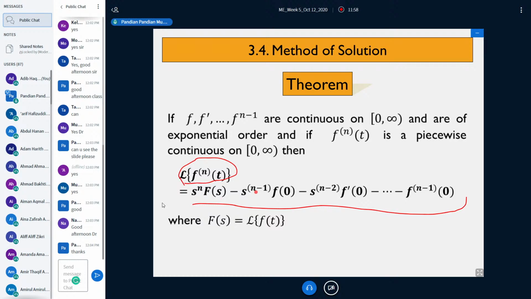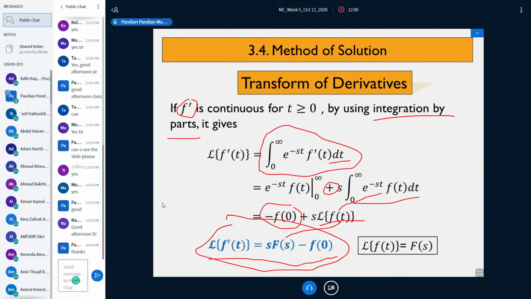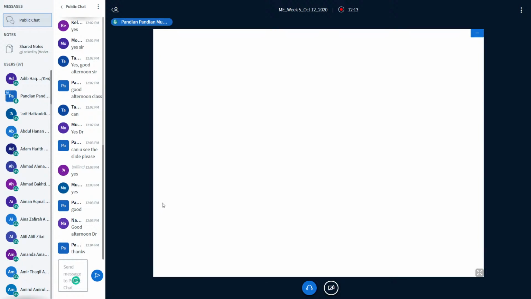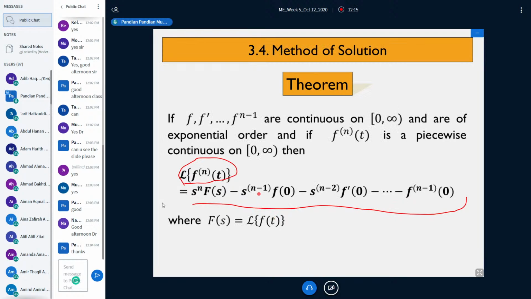But here, n minus 1 is 1 minus 1, 0, so s power 0, times f(0). So minus f(0). It stops there. That's why the first equation has only 2 terms. You can check. Putting n equals 1 here makes sense, s power 0. Here it cannot, so straight away you go here. If you put n equals 1 here, n minus 1 is 0, so this is f(0).